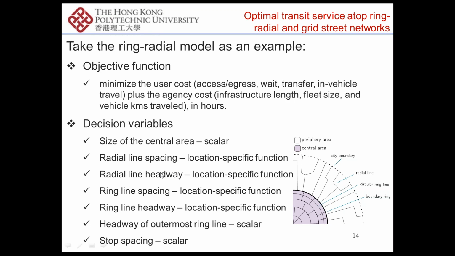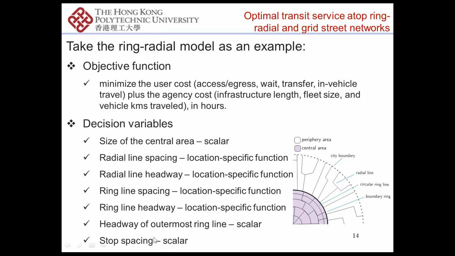The radial line headway is also a location-specific function. The ring line spacing and the ring line headway will also be location-specific functions. Of course, the ring lines for this ring-radial network only exist in the central area. There's no ring line in the periphery. The headway of the outermost ring line is actually considered an independent decision variable, but that's just a single number. It's a scalar. And we will see why we consider that headway independently.